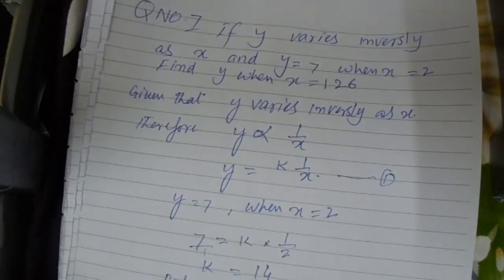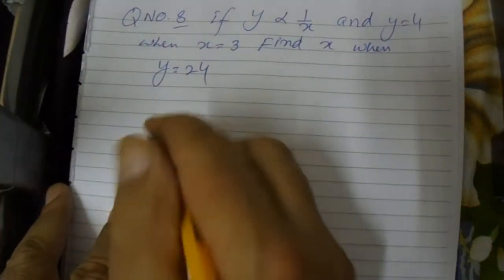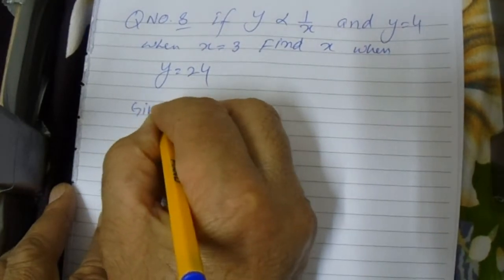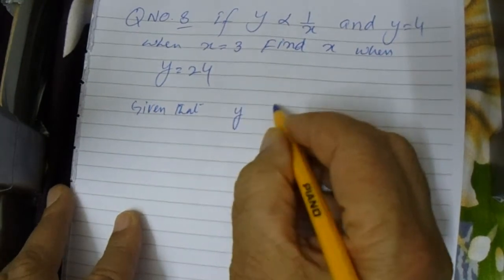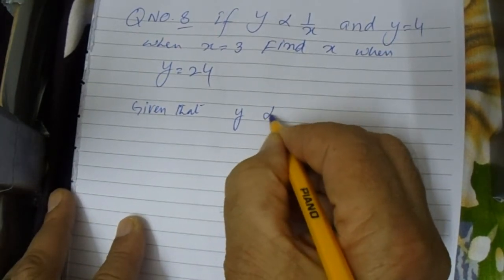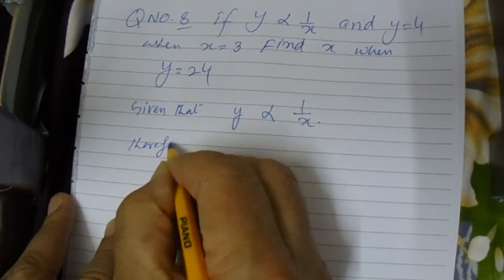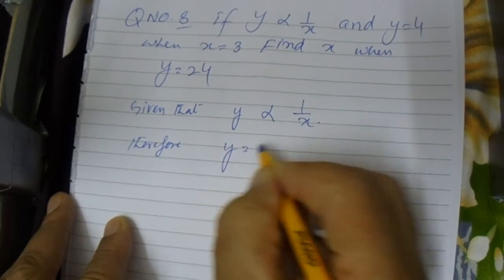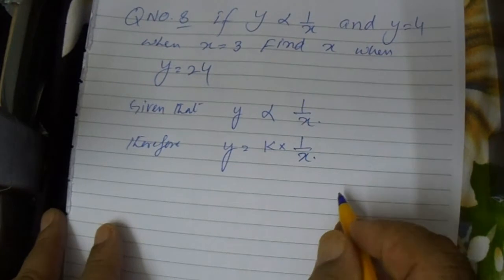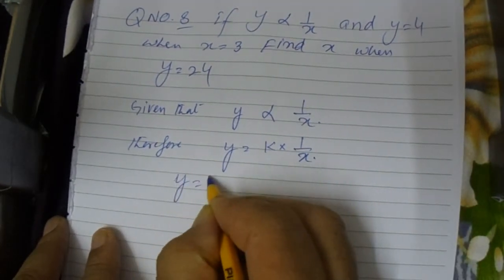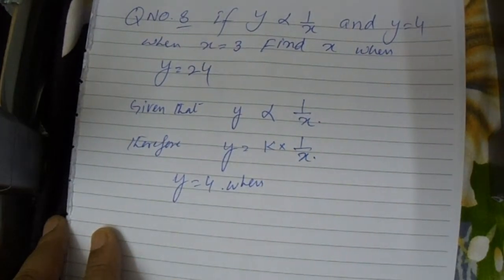Now we solve the question number 8. Given that y varies inversely as 1 over x, and therefore y is equal to k multiply 1 over x, and y is equal to 4 when x is equal to 3.